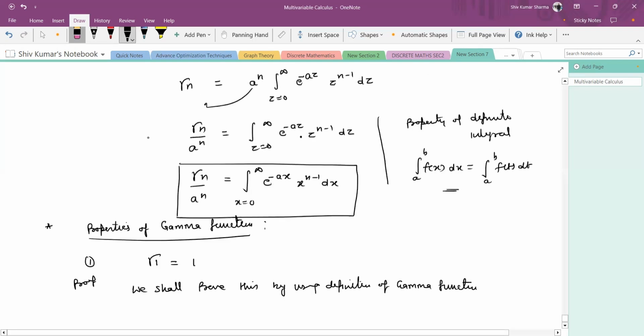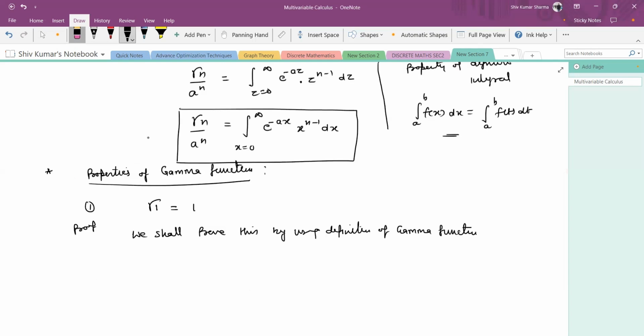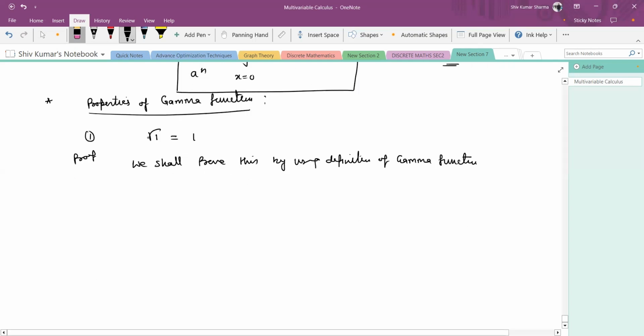So we use the definition of gamma function. That means this definition is written as gamma n is equal to the integral from 0 to infinity of e raised to the power minus x, x raised to the power n minus 1 into dx.